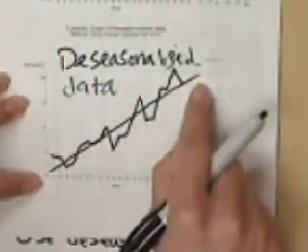Now, this trend equation, the second one that I showed you right here, which has less variation of the data around the trend line, is actually the deseasonalized data that has been plotted.